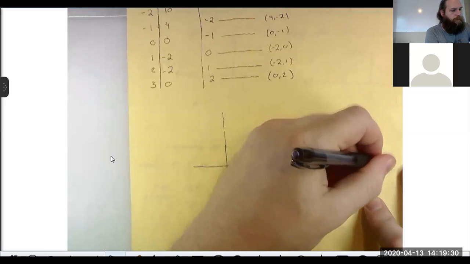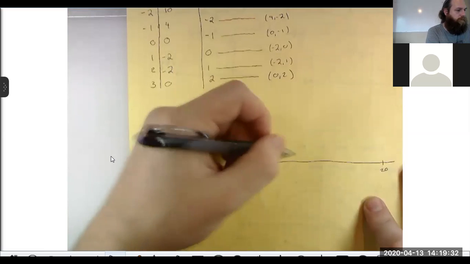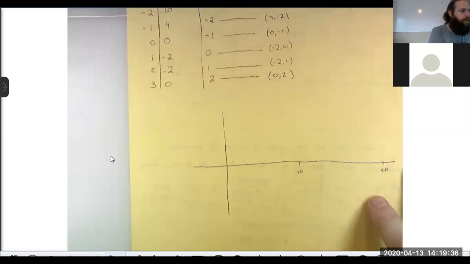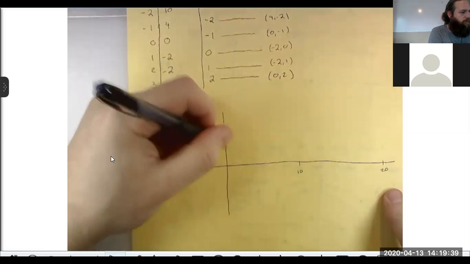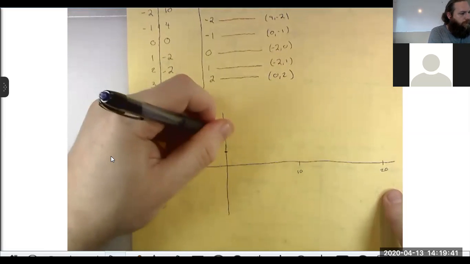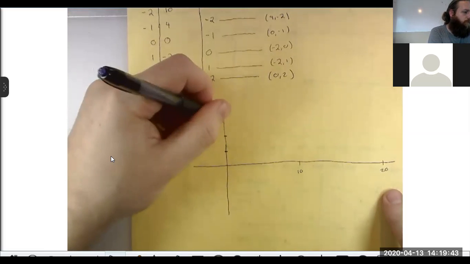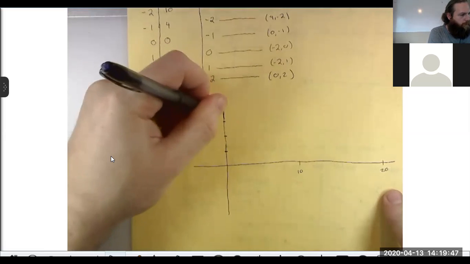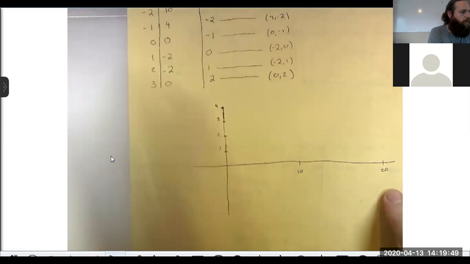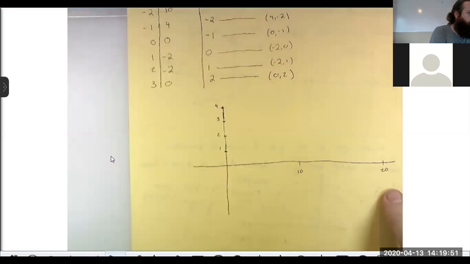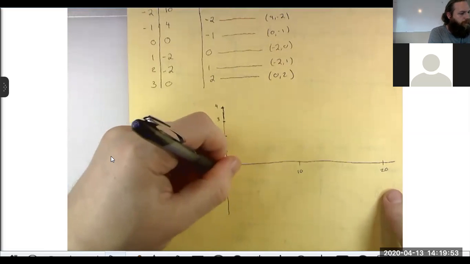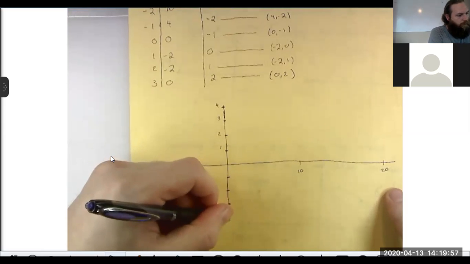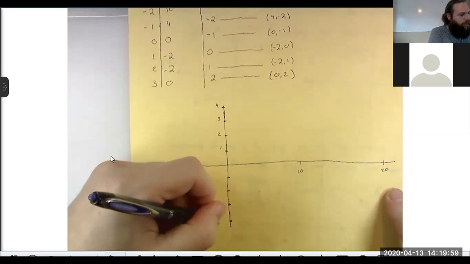I'll just go ahead and mark this as 20, so halfway is 10, and then we'll eyeball things as needed. I'll call this 1, 2, 3, and 4 on the y-axis. And so this would be -1, -2, -3, and -4.